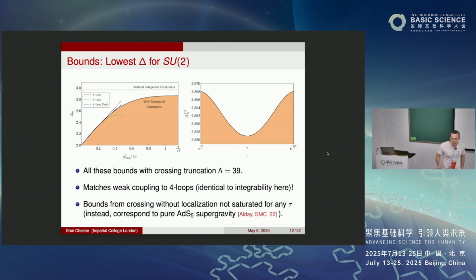There's an idea that perhaps you have some kind of ensemble of CFTs, and that's exactly what's saturating the bound when you don't put in localization. But I won't go into detail on that.